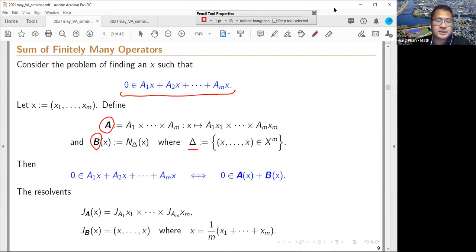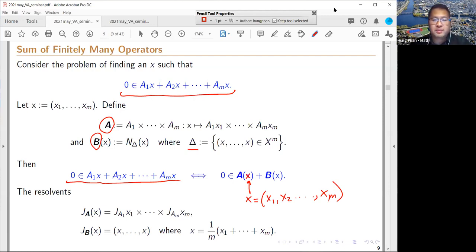It turns out that 0 belongs to the sum of A1 through AM at x is equivalent to 0 belonging to the sum of bold A at bold X and bold B at bold X. This should be the capital X, where this x here will be x1, x2, through xn.